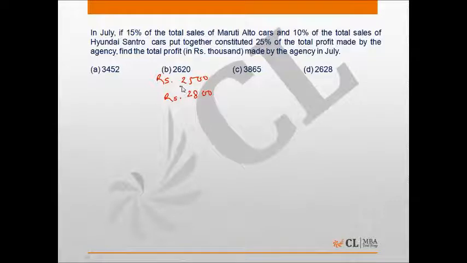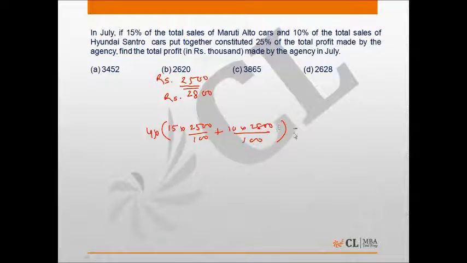And it is given that 15% of this quantity, which means 15 into 2500 upon 100, plus 10% of Hyundai Santro sales, which is 10 into 28 upon 100. This is 1/4 of the total profit made by the company. In order to find the total profit, we need to multiply this figure by 4.